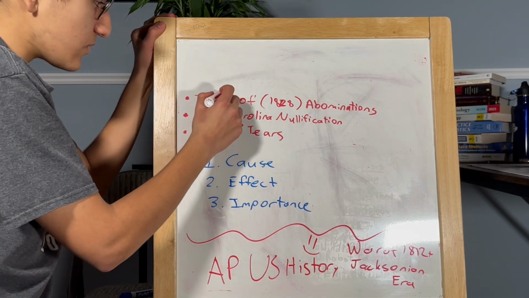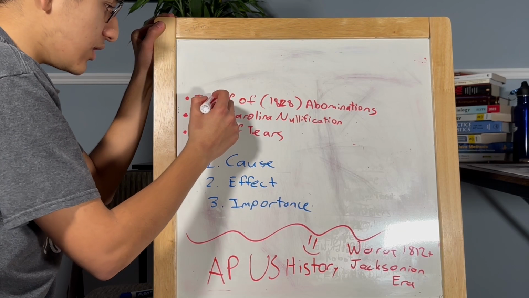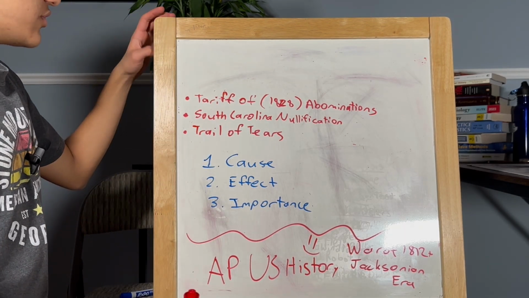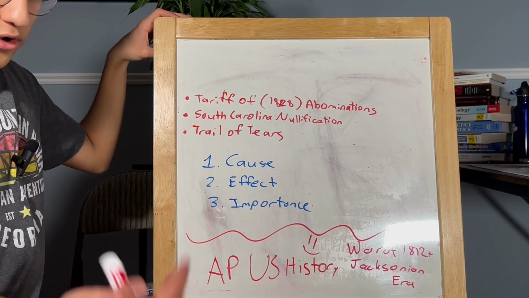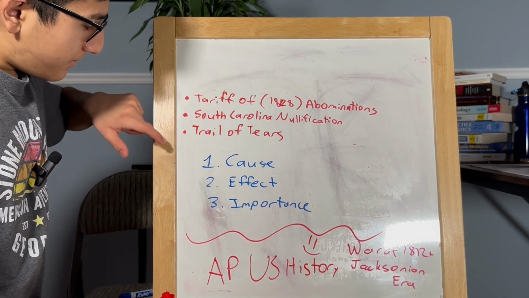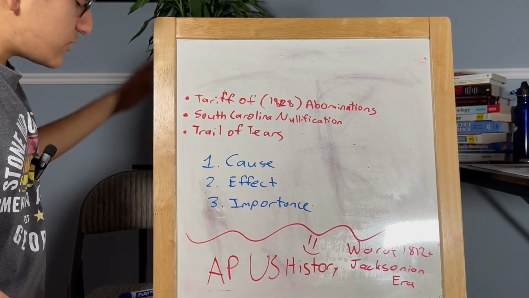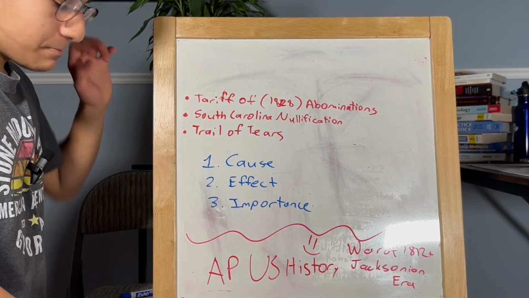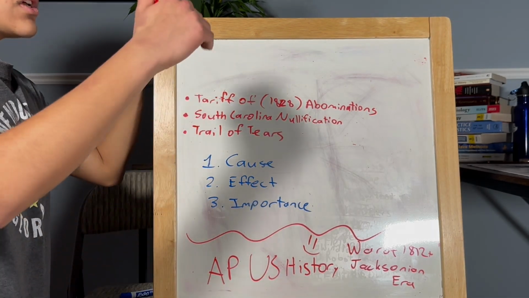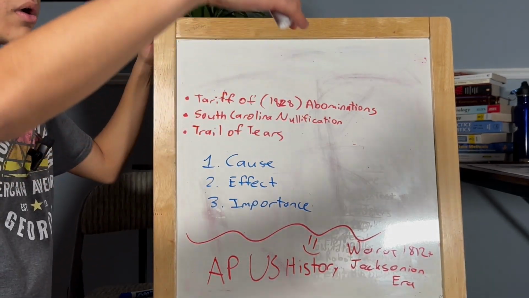The South Carolina nullification is caused by the South Carolinians, or the Southerners, who are more farmers. They now have to pay more because the cheaper British goods are now more expensive.